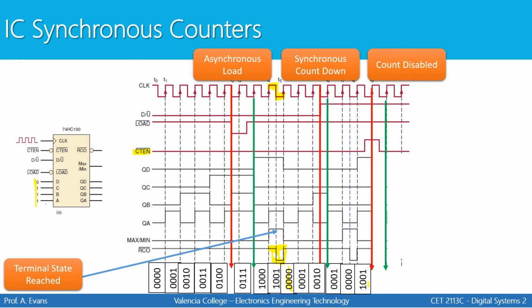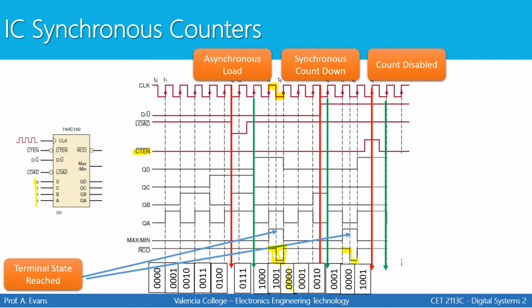After 0 comes 9 if you're counting down and you're recycling. Also notice that when we count down, now 0000 is the last state, the terminal state. When you're counting down, that's your last state. So we see that max-min goes high again to signal, hey, I've reached the last state, and RCO mimics the clock once again during that time.